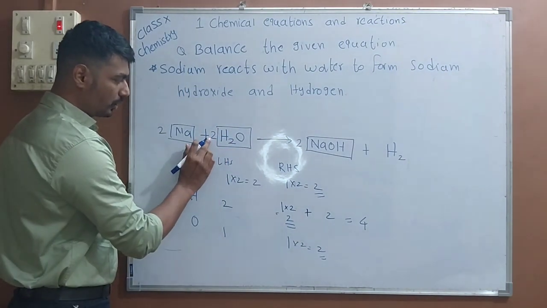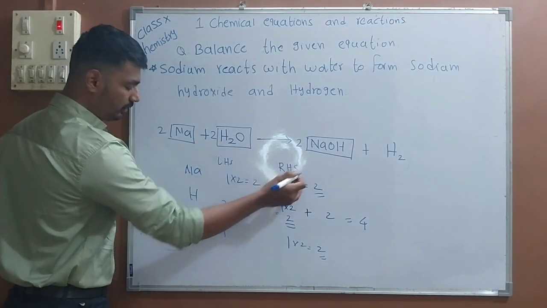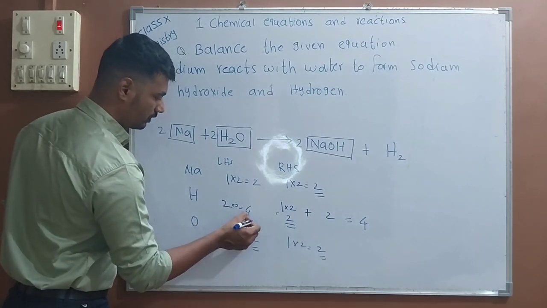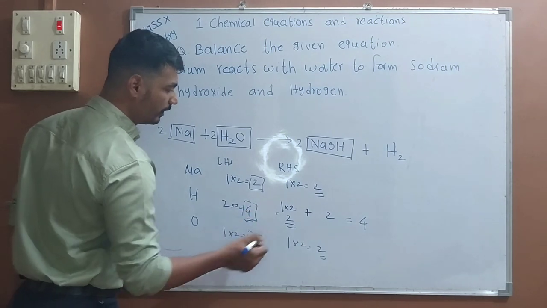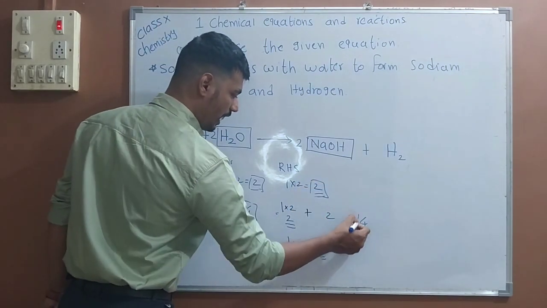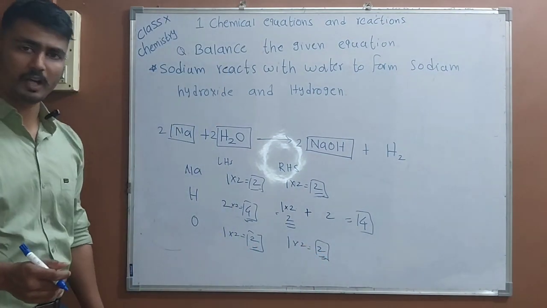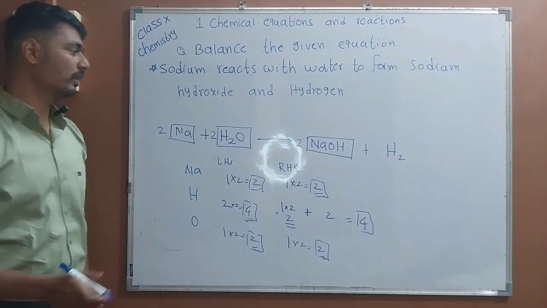So what will happen? 2 into 2, 4 hydrogen atoms and here 2 oxygen atoms. Now all the elements in the given reaction are according to the law. Which law? Law of conservation of mass. Means the reaction can be said to be a balanced chemical reaction.